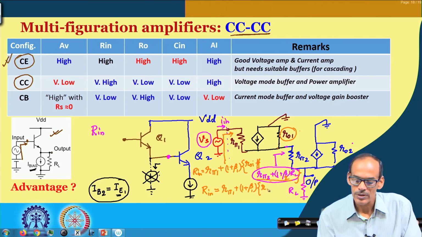So, that is R O 1 in parallel with this part. And if you consider the dominant terms, of course, this will be dominating: 1 plus beta 1 multiplied by R O 1 in parallel with this one, 1 plus beta 2 into R L.